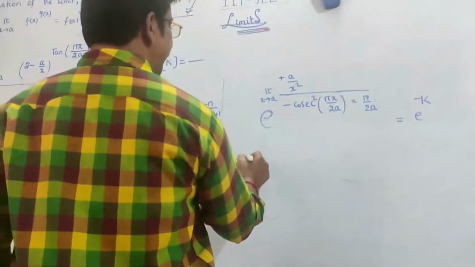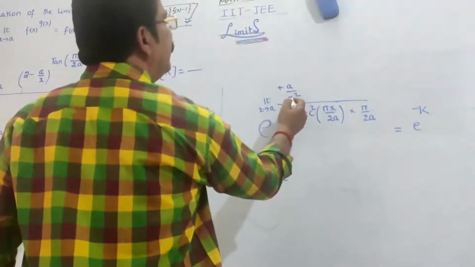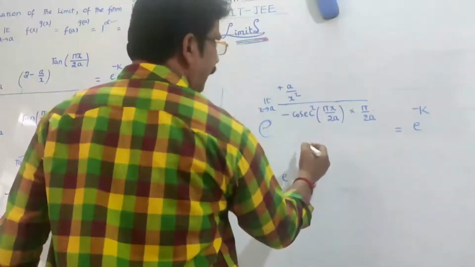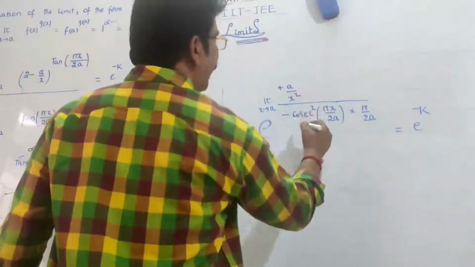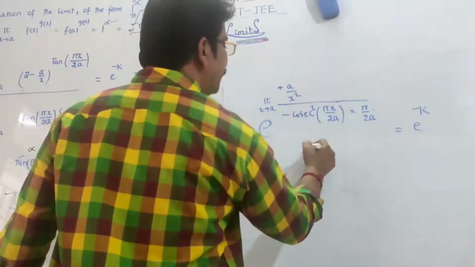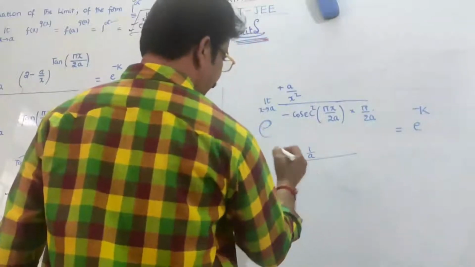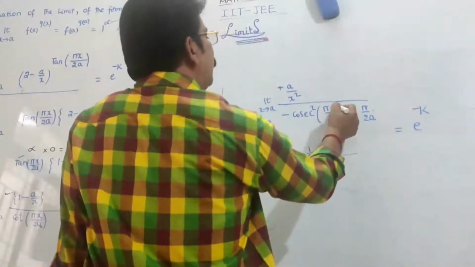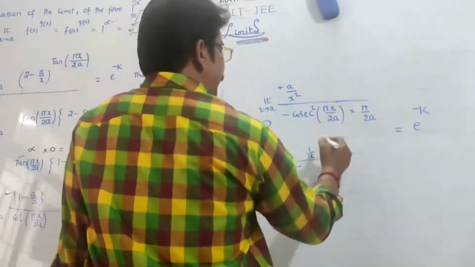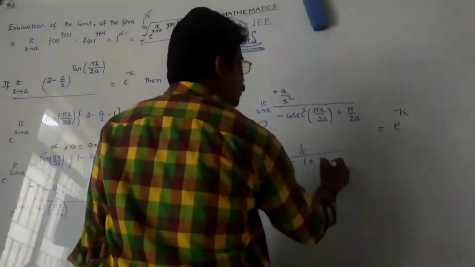So that implies e to the power of, x equal to a, means a square. First a by x square is a by a square, 1 by a, so 1 by a whole divided by minus, first I will write this value, minus cosecant square at x equal to a, π by 2, is 1, into π by 2a.